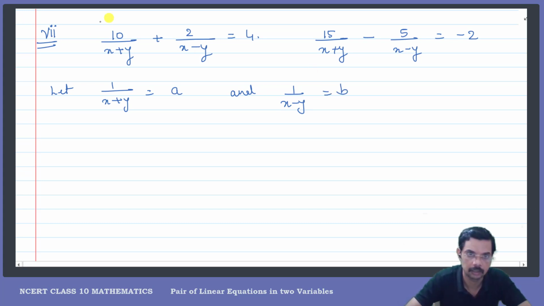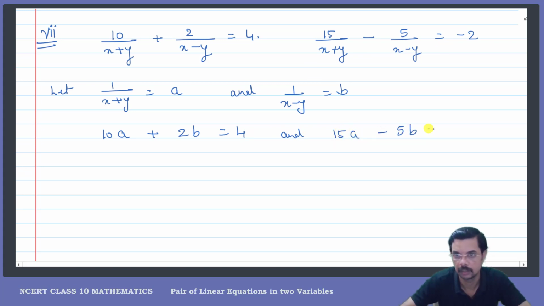So from here I get 10 into a plus 2 into b, that is equal to 4. And the second equation becomes 15a minus 5b equal to minus 2.